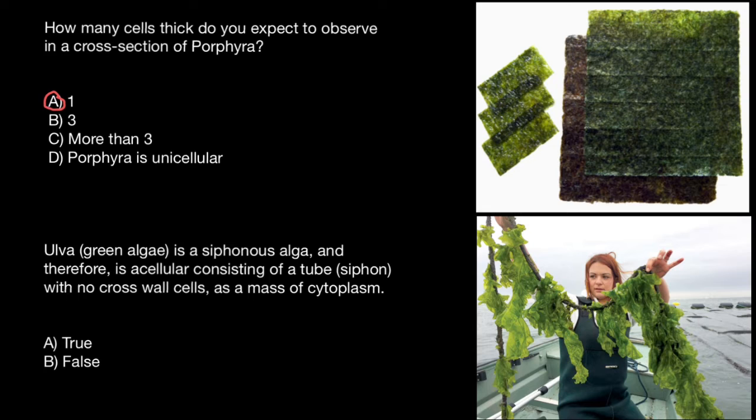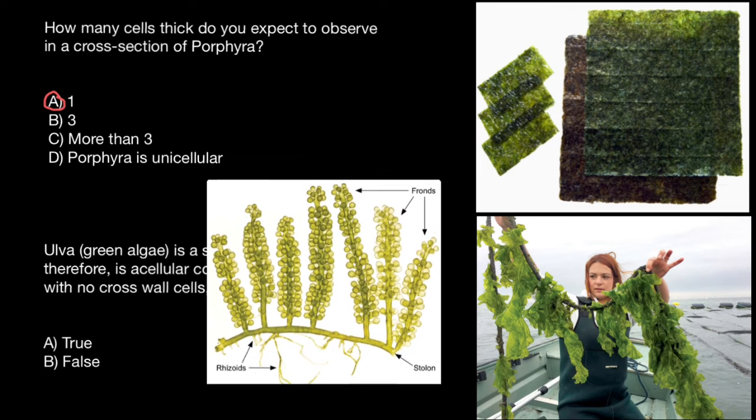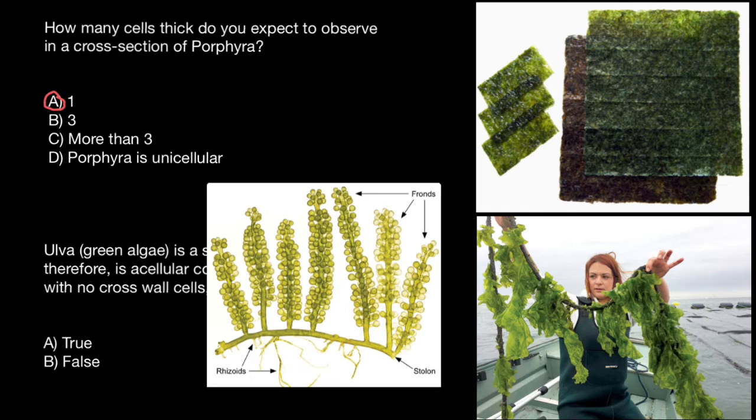And the second question: Ulva, green algae, is a siphonous alga and therefore is acellular, consisting of a tube, siphon, with no cross cell walls, as a mass of cytoplasm. And here is an example of a siphonous plant which doesn't have cells.